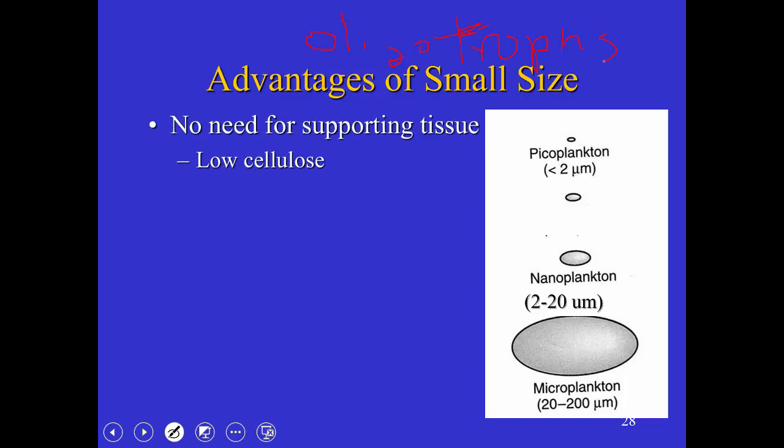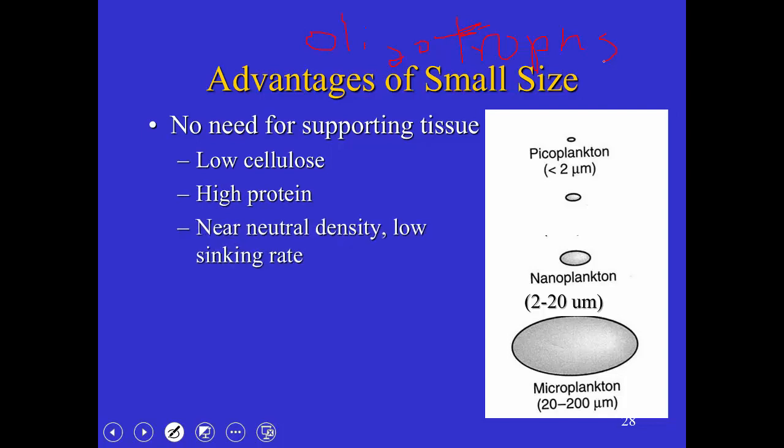Well, all plankton don't need much supporting material. They don't have much cellulose at all. They have high protein. We talked about that already. The picoplankton and even the nanoplankton are pretty neutral density, in that they don't really sink at all. They're too small to sink, basically.